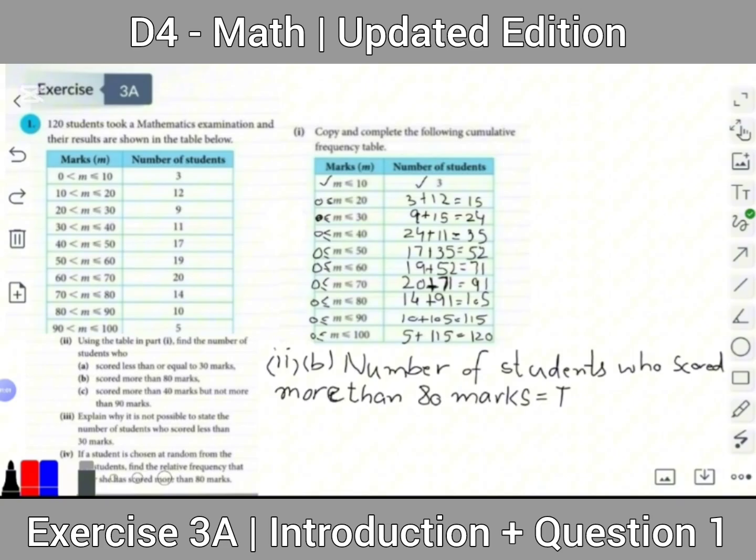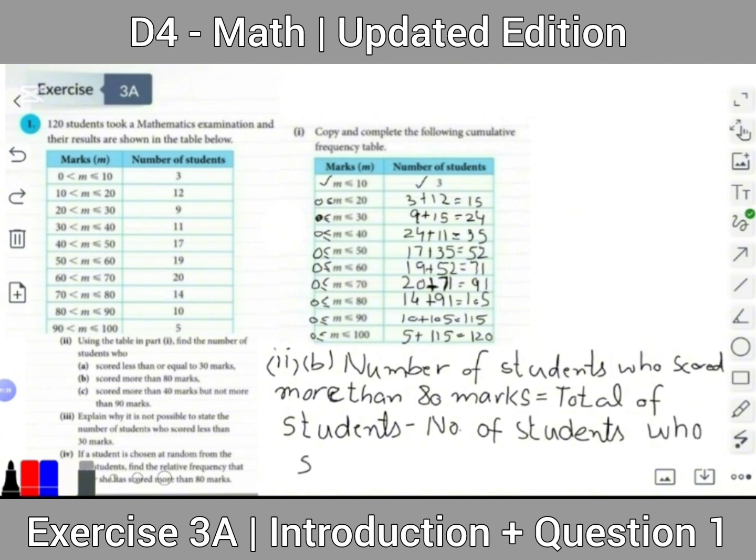So here we have total number of students minus number of students who scored less than or equal to 80 marks.